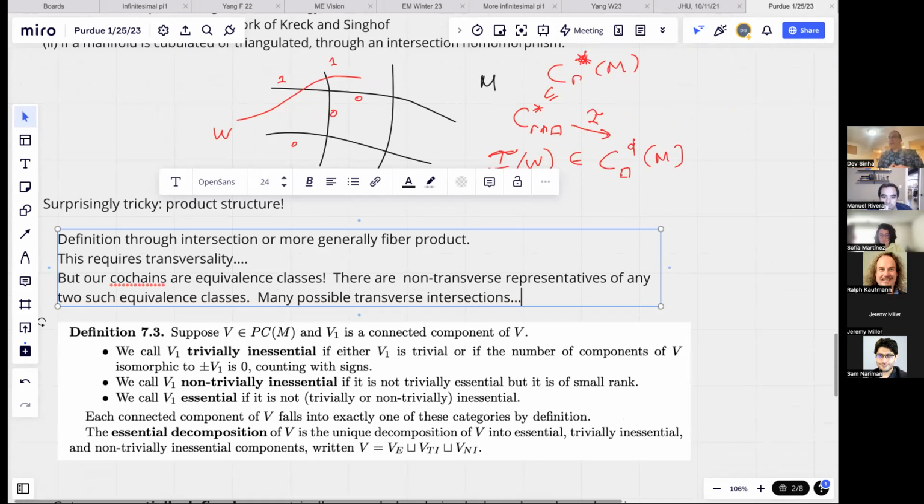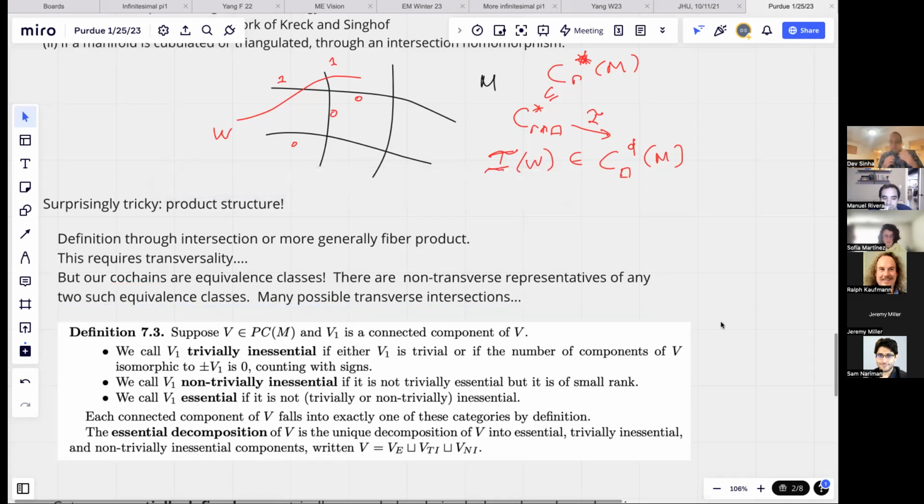And so is this product even well defined now that our cochains aren't just submanifolds or manifolds over the manifold in question? Is this product well defined? For a while, I thought about it and I said no. Thankfully, Greg Friedman figured out that you can get a well-defined product.